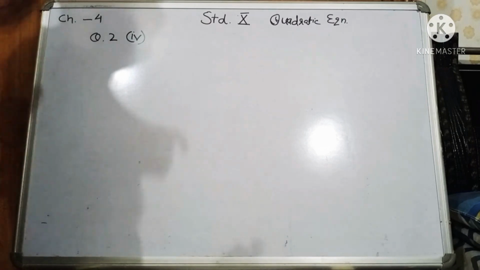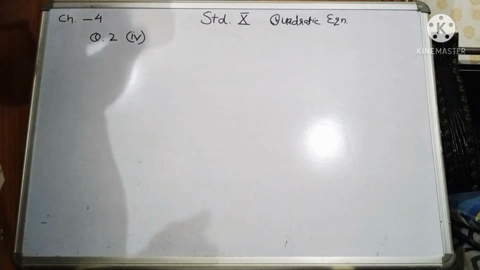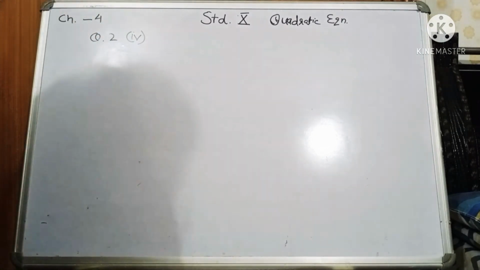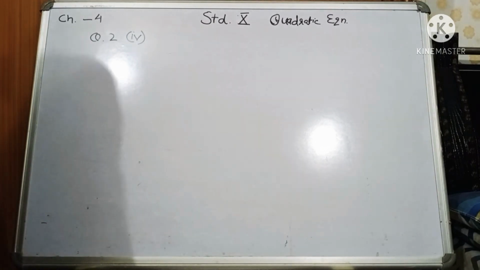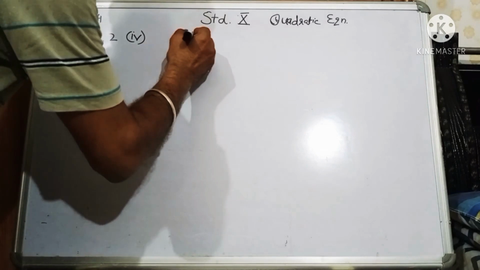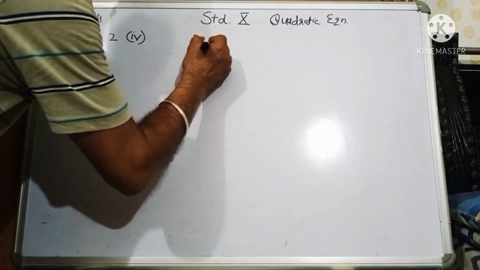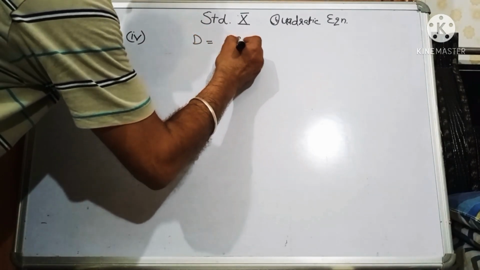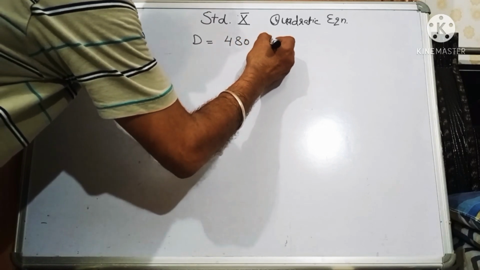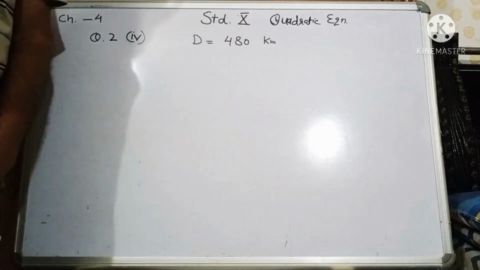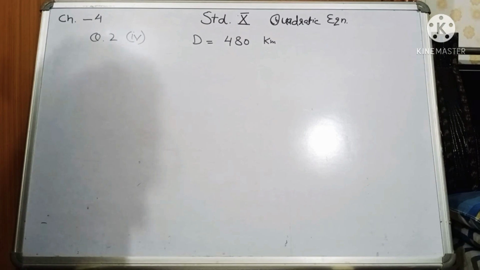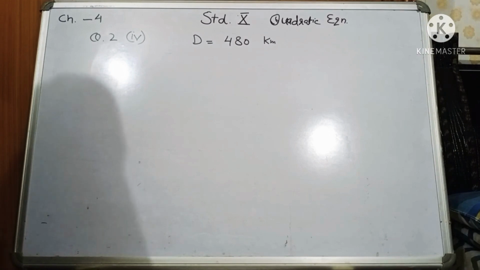Now see part 4. A train travels a distance of 480 km at a uniform speed. If the speed had been 8 km per hour less, then it would have taken 3 hours more to cover the same distance.